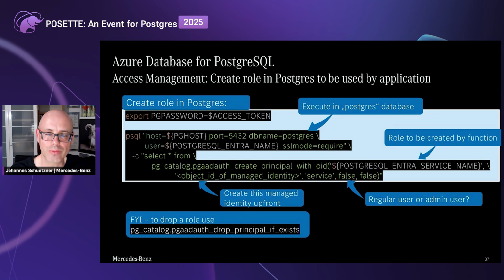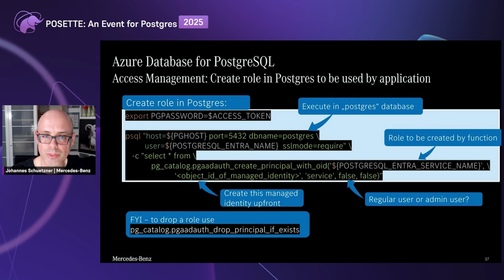And now, one key part: I would like to have a new role that is only allowed to access these tables, to insert data, to read data, but not to do anything else, not to create additional tables or stuff like that. So I can then create a new role in Postgres that is correlated with a new managed identity. So now we have a second managed identity. Here, you see a function in Azure provided specifically for this task called create principal with OID.